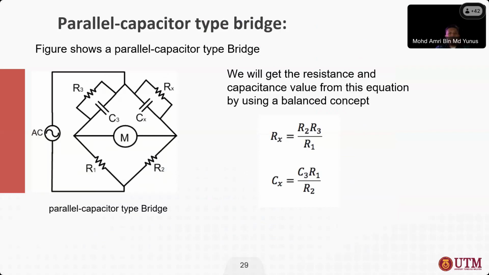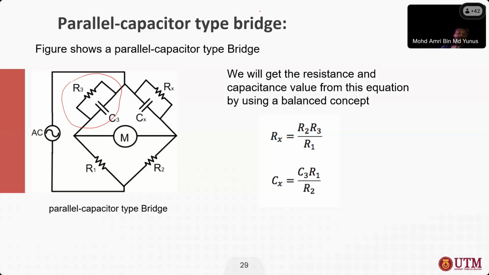Similarly, here we have a parallel type bridge, using the same balance concept. You can try yourself. Finally, we can prove that Rx will be equivalent to R2 over R1 multiplied with R3. So this is the parallel R3 with C3.